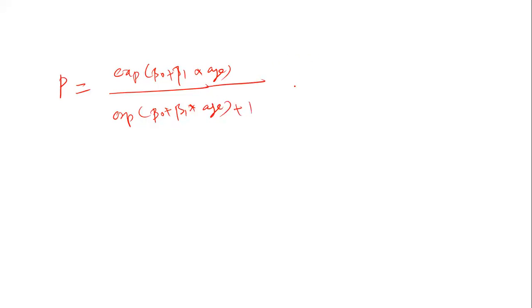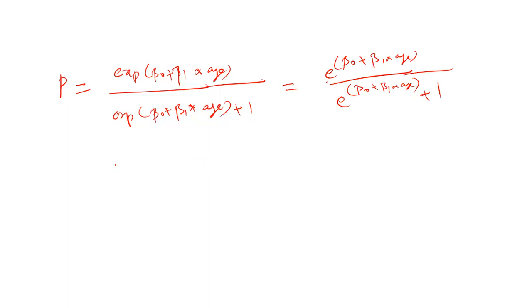Okay. And this one, instead of writing exp, what they did, they use the notation e to the power, e raised to the power beta naught plus beta 1 into h divided by e raised to the power beta naught plus beta 1 into h plus 1.